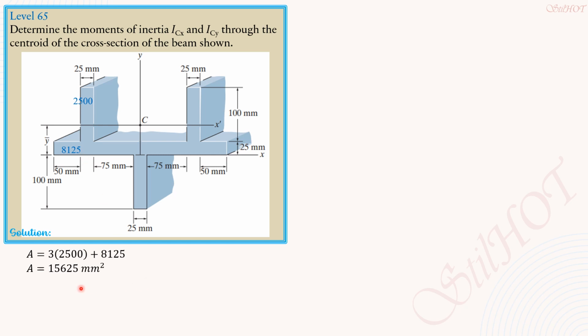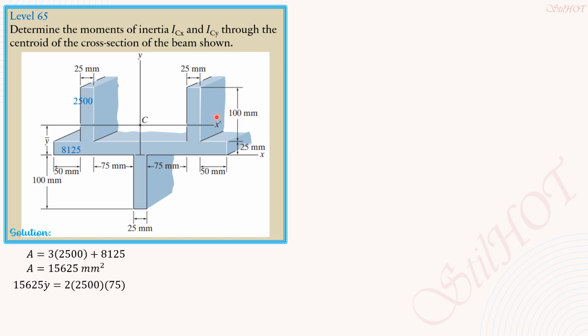Applying Varignon's theorem, first moment of area: 15625 times barred y equals 2 times 2,500, then quantity 75, the distance of the centroid of these two from the x-axis.